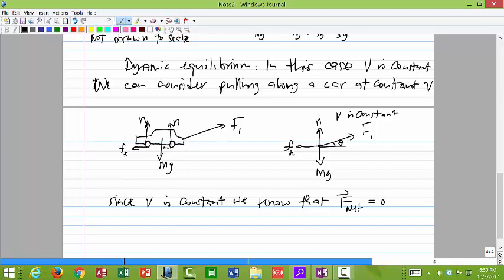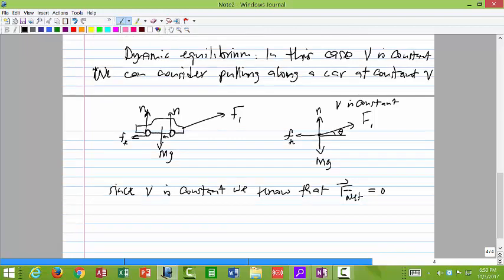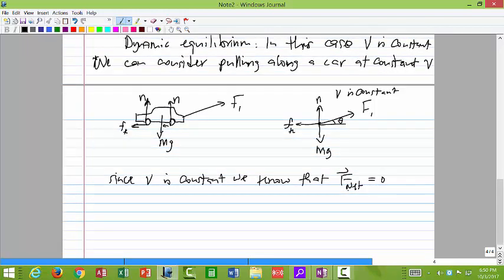We know F net is equal to 0 if the velocity is constant. So we'll say that F net x is equal to 0. F net y, sorry, let me just be consistent.